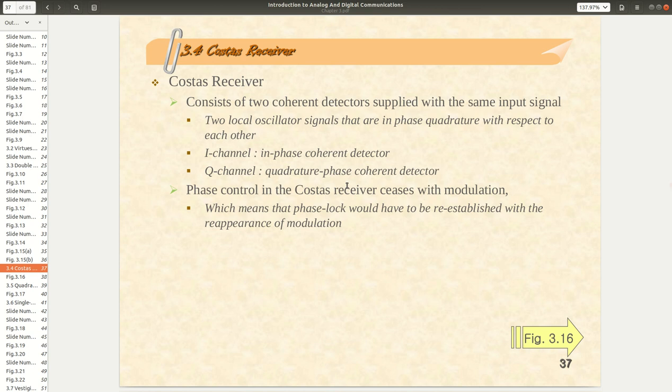Quadrature phase means that it's not in phase, the other phase. So if one is cosine, the other will be sine, or the reverse. Phase control in the Costas receiver, this is the modulation. So we'll make a phase lock that is re-established with the appearance of the modulation.